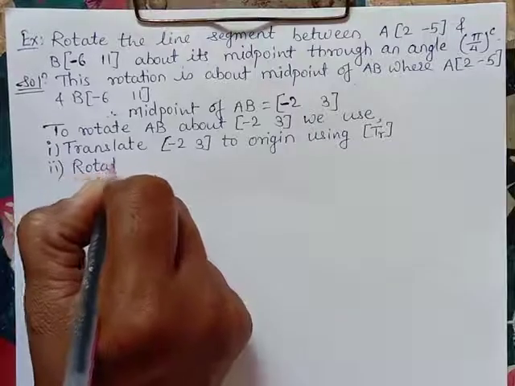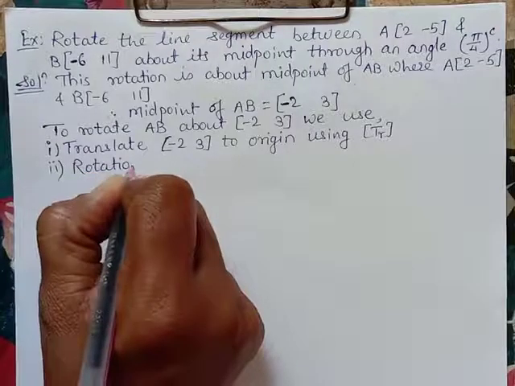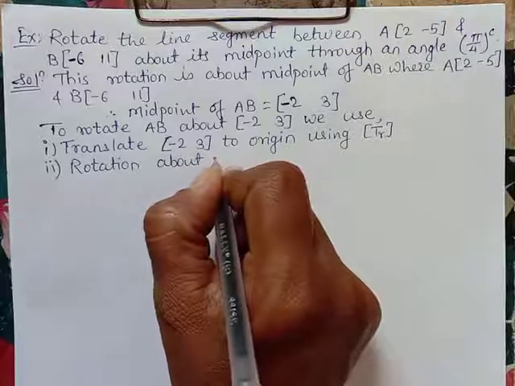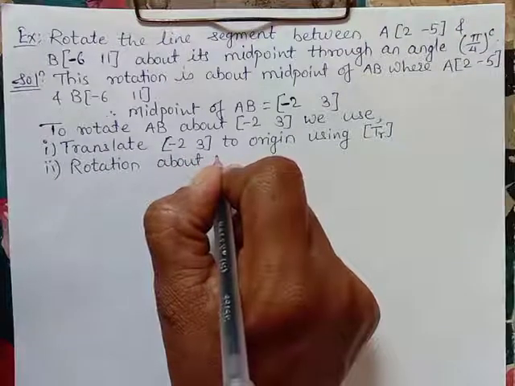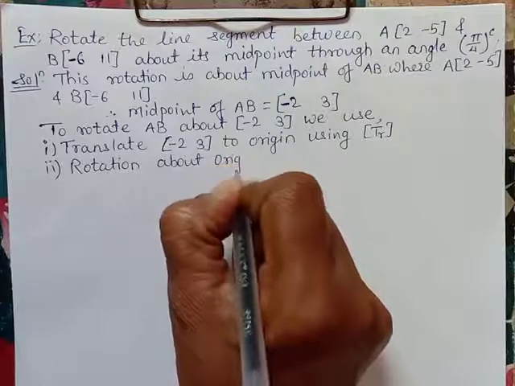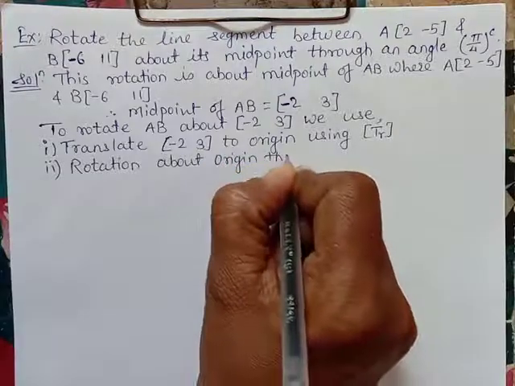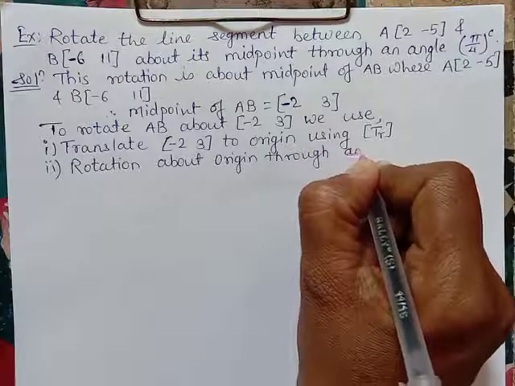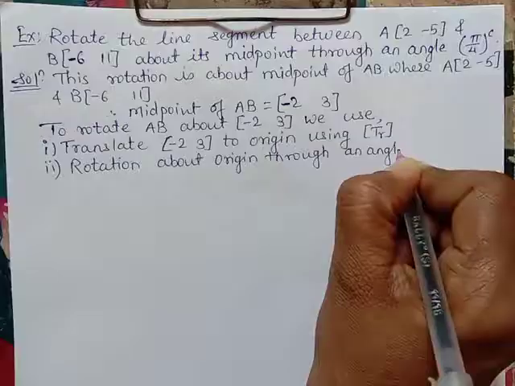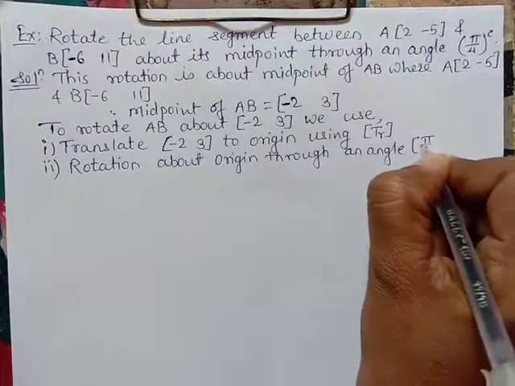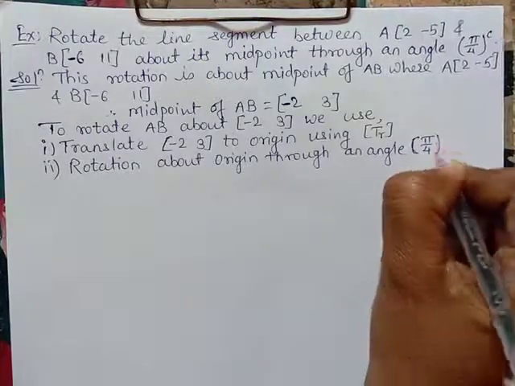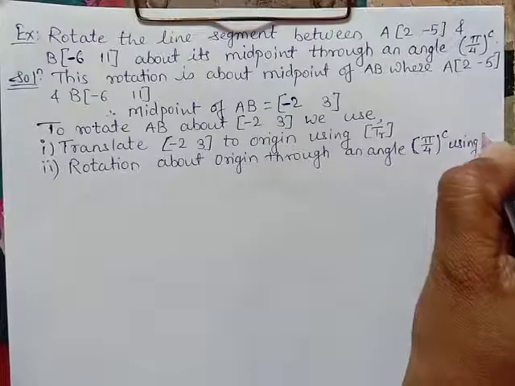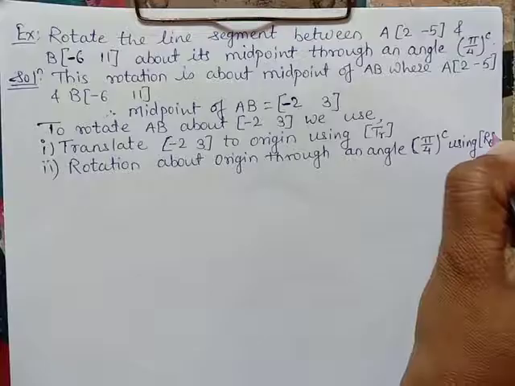Then rotation about the origin through an angle, this pi/4 radian, using R theta.